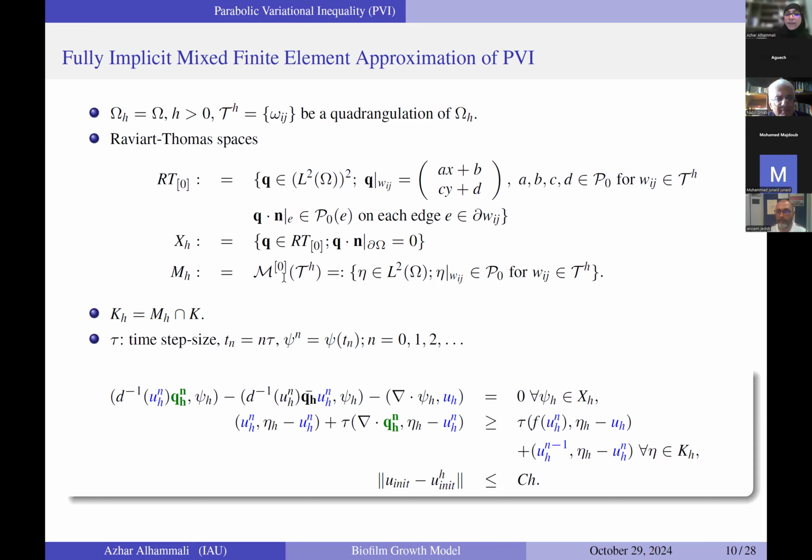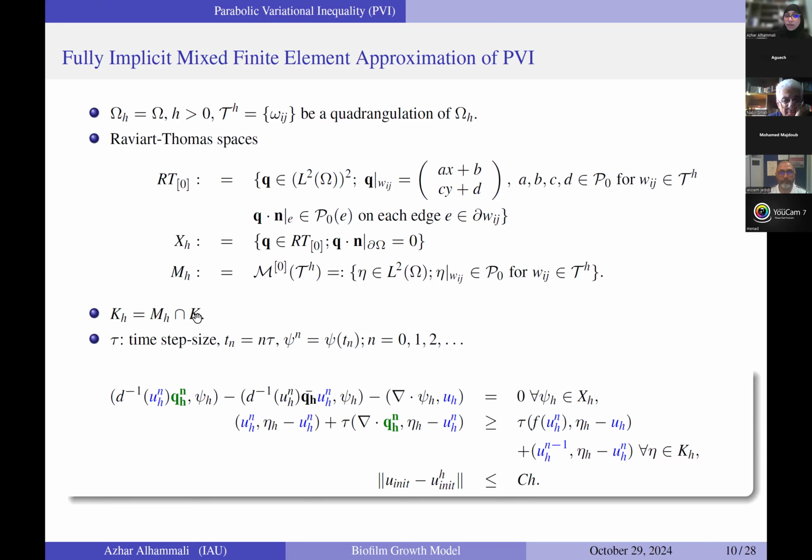And the finite dimensional space for the numerical solution of the scalar variable, M0, is the space of all piecewise constant functions. Actually, here we want the numerical solution to satisfy the box constraint, so we define K_h. This is the set that satisfies the constraint, the analogous one to K.